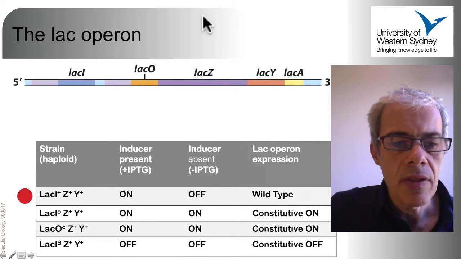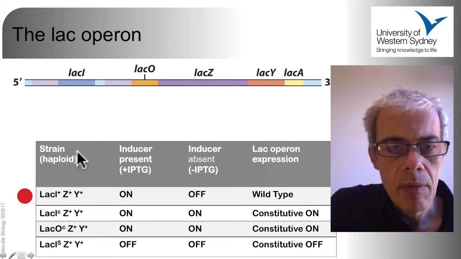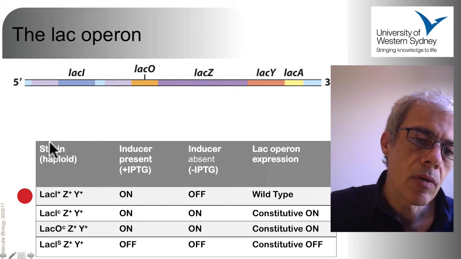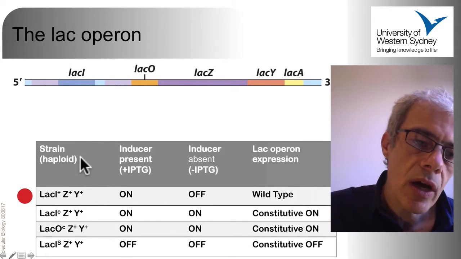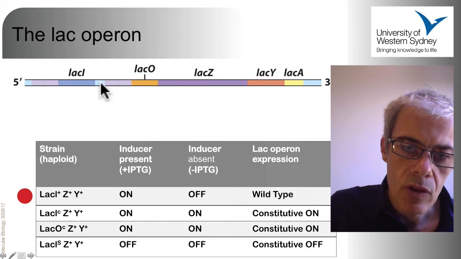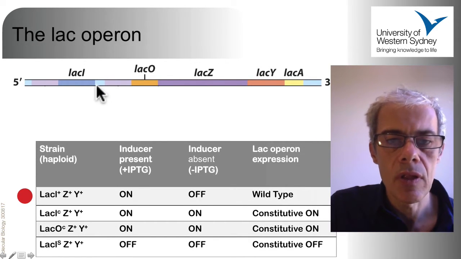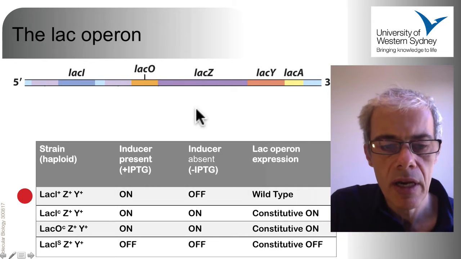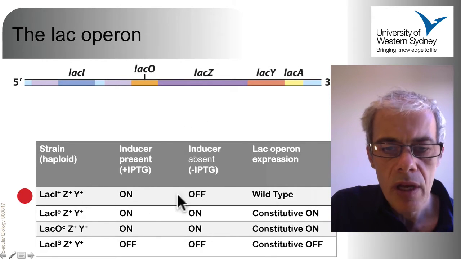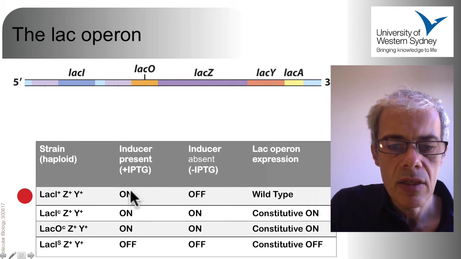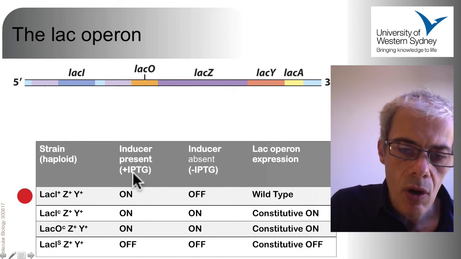So their initial studies identified a range of mutants. Now, E. coli is a haploid, so there's one copy of the genes for the Lac Operon. It's not a diploid like higher eukaryotes. Now, the wild type has a phenotype that is on in the presence of the inducer.